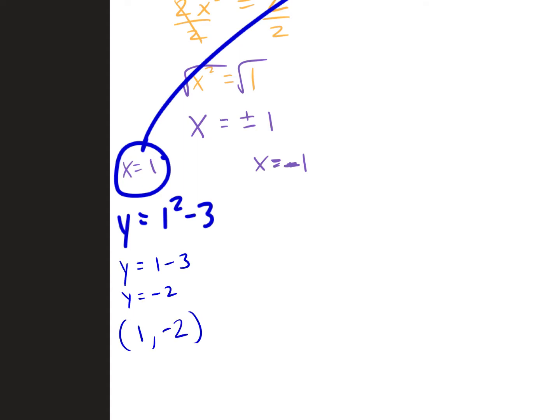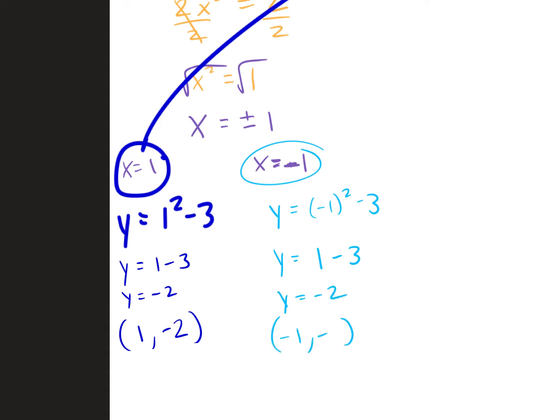Perfect. 1, -2, your x, and then your y. We do the same thing with the other x. We're going to plug that into x. So I have y is equal to -1 squared minus 3. What's -1 squared? 1. And 1 minus 3 is -2. So here my answer would be -1, -2. So these are my two solutions.